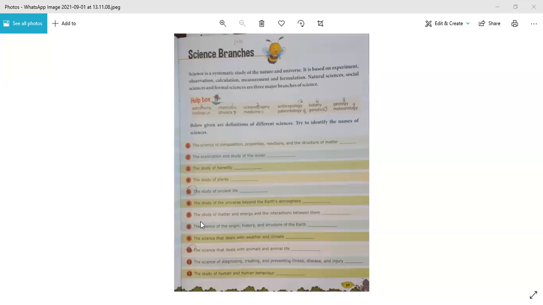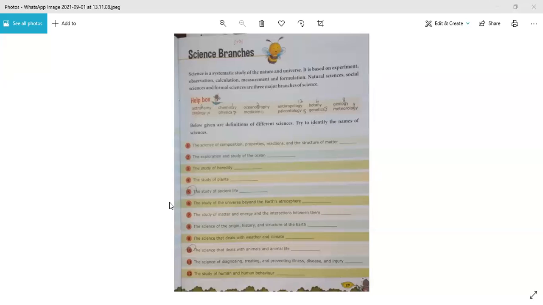If anybody wants to know about the study of ancient life, okay, what is that study known as? Paleontology. PALEON, TOLOGY, paleontology. Okay, so spellings are difficult, but you just divide the spellings into parts. Okay, then it will become very, very easy for you.